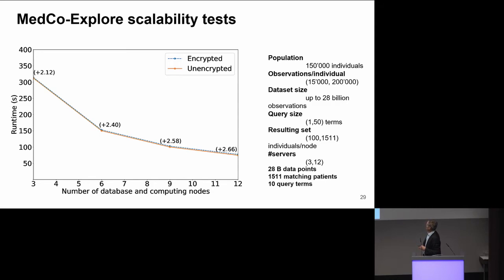We have done experiments with 28 billion, not a million, 28 billion data points. As you can see, the response time is in the order of a few tens or hundreds of seconds. But this is what the database would take anyhow, so the overhead brought by the security is minimal.